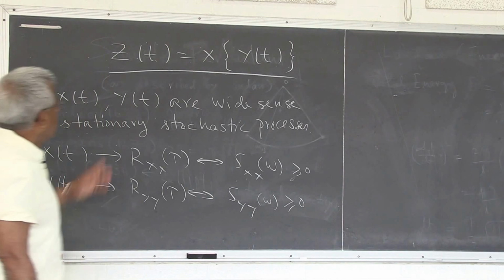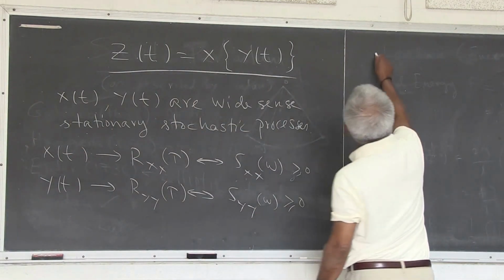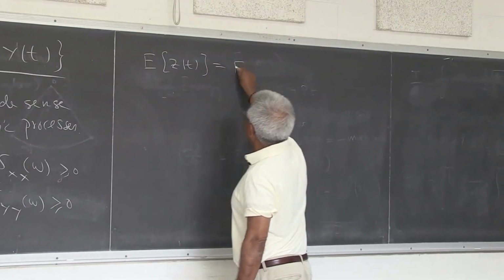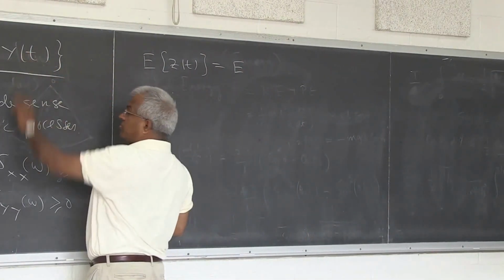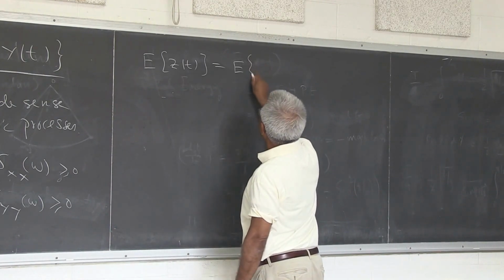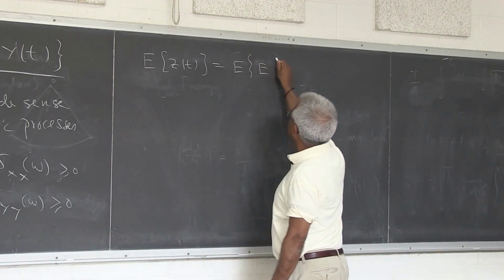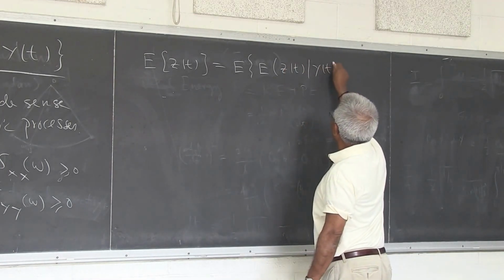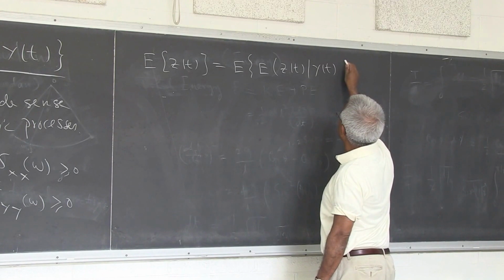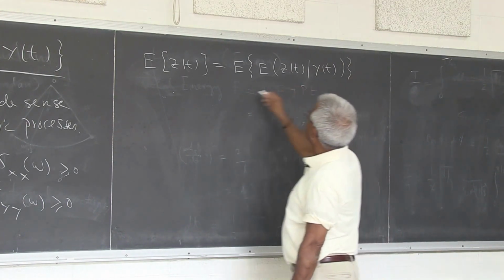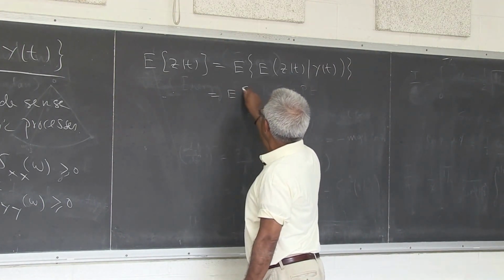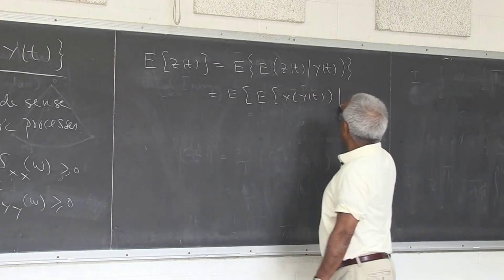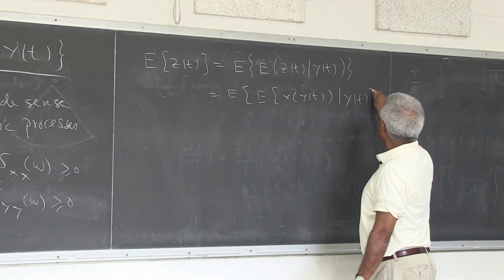So let's look at the expected value of z of t. Because there are too many things going on, we can use the conditional formula for this. So the expected value of z of t conditioned on y of t is the expected value of x of y of t conditioned on y of t.